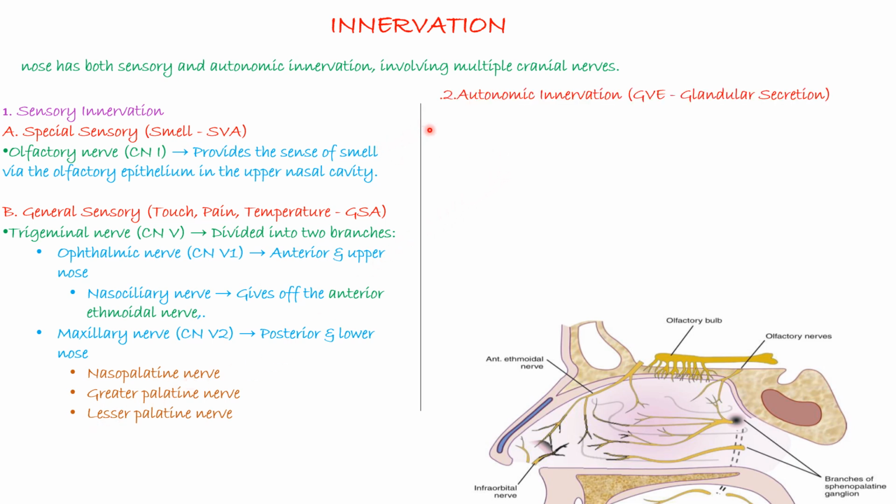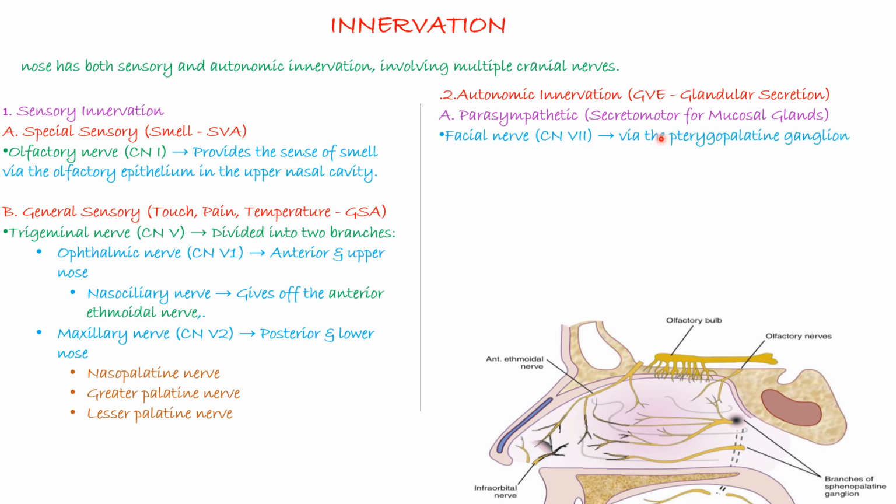Whereas the autonomic innervation, where we have the parasympathetic and the sympathetics, these are involved in glandular secretions. The parasympathetic, which is secretomotor, stimulates the mucosal glands to produce secretions. So we have the facial nerve via the pterygopalatine ganglion.